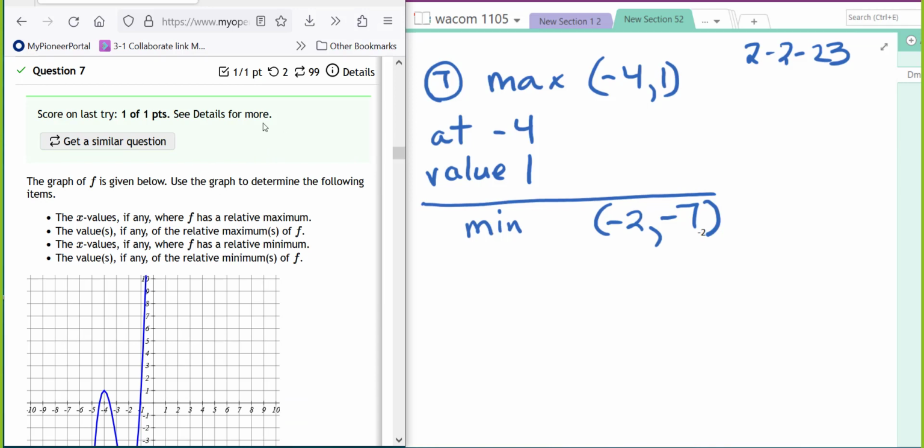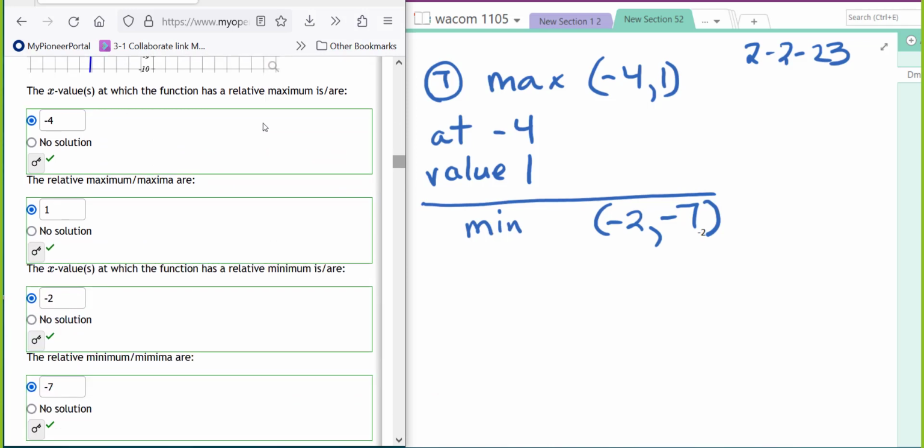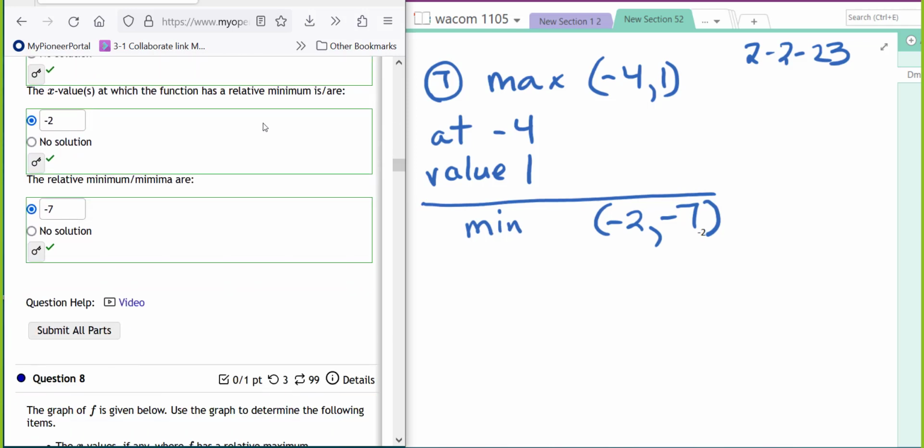And you notice their wording was a little trickier, the way they ask it. So be careful with those.